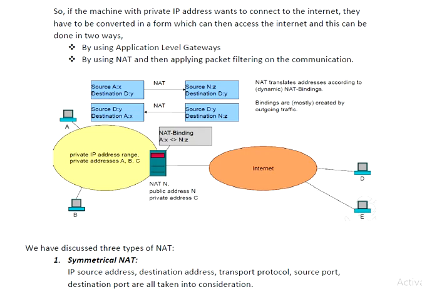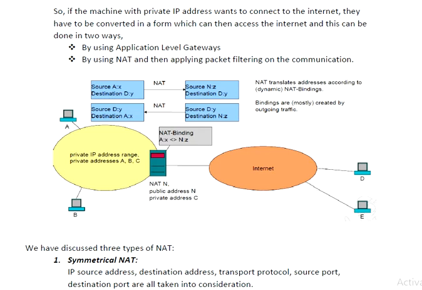You can see the source in the first box is AX, and we are planning to send the packet to destination DY. Then NAT will translate the source AX to source NZ, and this source NZ will then send the packet to DY.